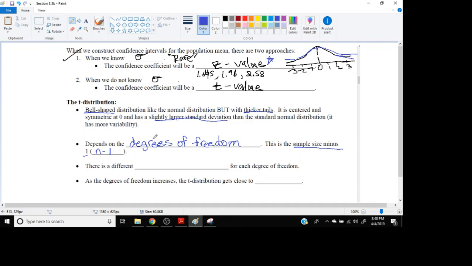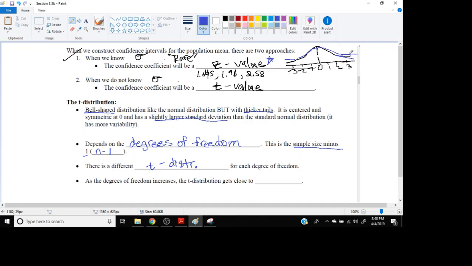Because the degrees of freedom can change depending on our sample size, which is n, there is a different T distribution. I'm going to abbreviate that with DISTR for each degree of freedom. So we can come up with a bunch of bell-shaped curves that depend on this n minus 1 degrees of freedom. One of the things that relates these is it is bell-shaped, but it has thicker tails.